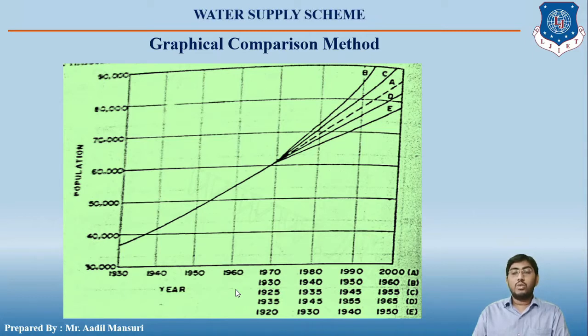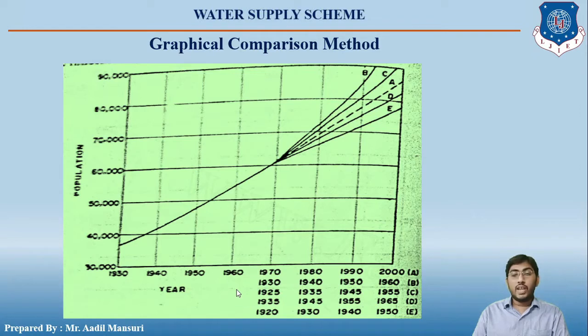Take it that cities A, B, C, D and E all have reached a population of say 62,000, in different years.